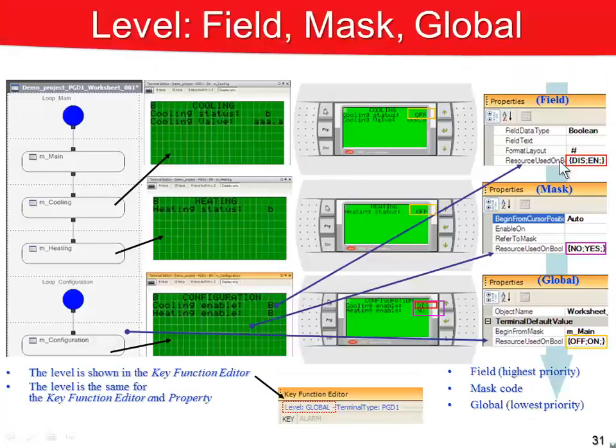I remind you that there is a priority. So the system uses, first of all, what you define at field level, sorry, where the cursor is. If not used, it uses what you wrote at the mask and global.